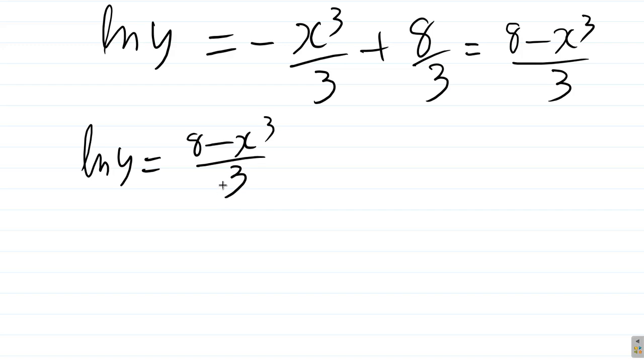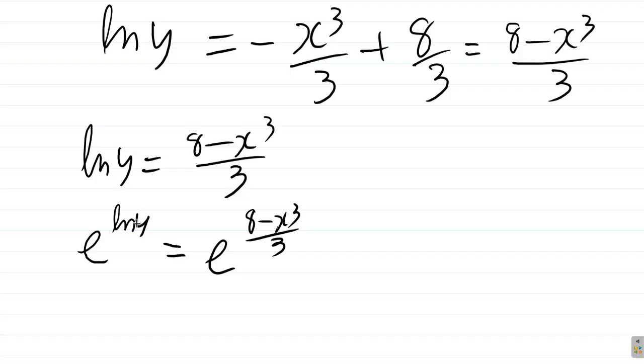But remember now, we want y equals. So we raise e to the power of each side. So e raised to the power of ln y is equal to e raised to the power of (8 minus x cubed) over 3.